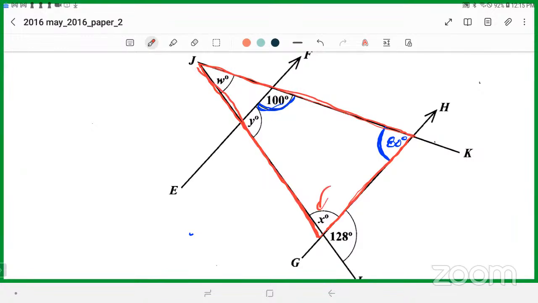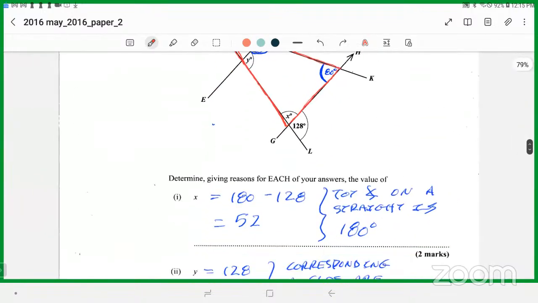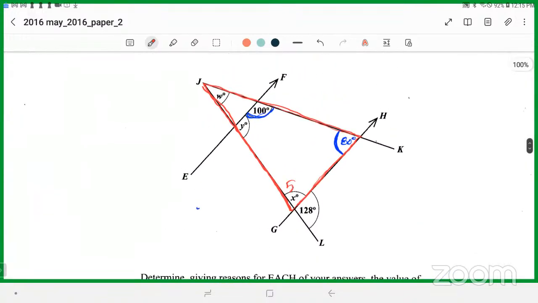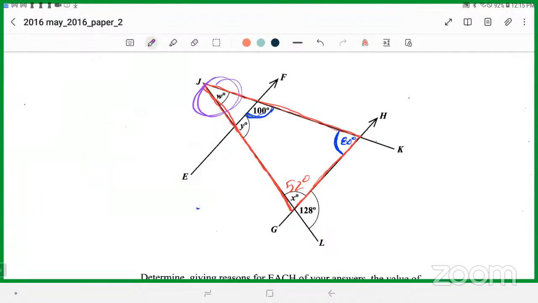But this angle here is, what is it again? 52? Yes, 52. Remember, this angle is 52. And so these three angles now add up to 180. This one, 52, and the 80. They add up to 180 degrees. So that's one way we could do it.